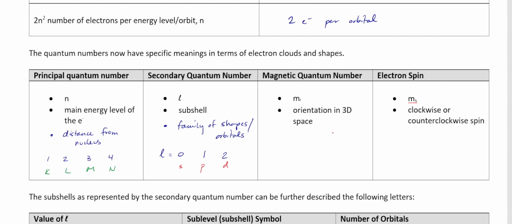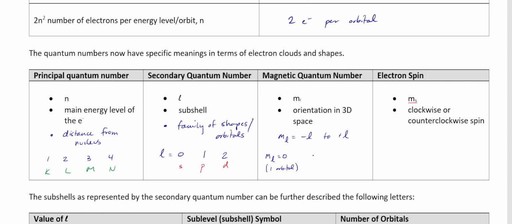Magnetic quantum number, it gives you the orientation in 3D space. Recall that m sub L can go from negative L to positive L, and it gives you all the different possibilities of orientations in 3D space and how many individual orbitals there are going to be, right? So if m sub L is equal to 0, there's only going to be one orbital because there's only one possible orientation in 3D space.